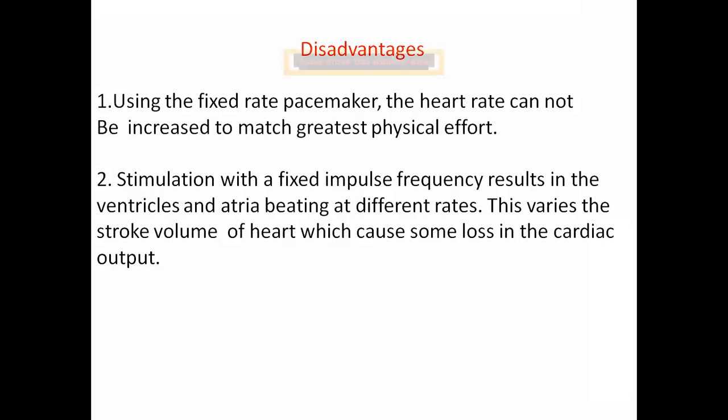So by applying this fixed rate or ventricular asynchronous pacemaker, the beating rate of the atria and ventricles will change. There is a change in the stroke volume, and due to that the cardiac output will change. That's why this type of pacemaker is not that useful.